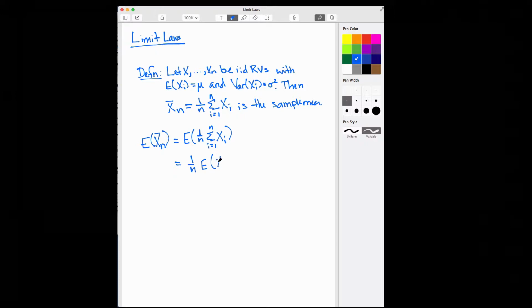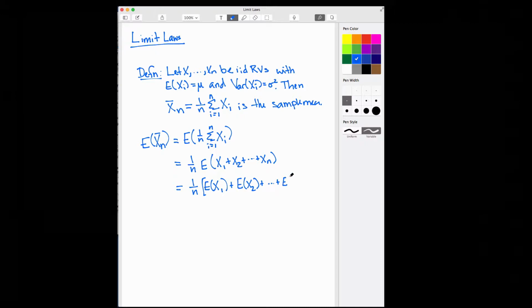And then just for clarity, let's rewrite the summation notation in terms of an actual sum. I know that might seem a little bit like overkill, but it might help some folks see what's going on. And then we know that expectation is linear, so we can break up the expected values that we're dealing with here, right?